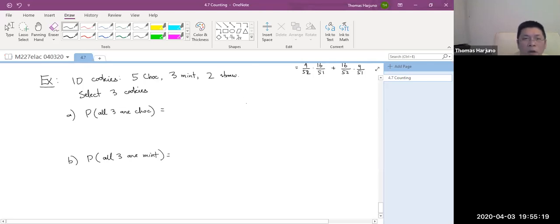And the third one, let's say, find the probability that 2 are strawberry cookies. We are selecting 3 cookies, right? So if I say the probability that 2 are strawberry cookies, it implies the other 1 is not.